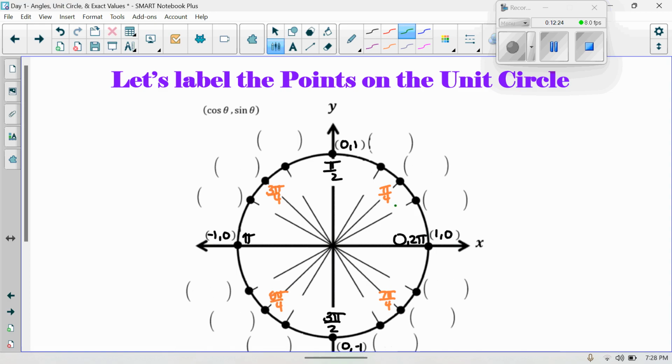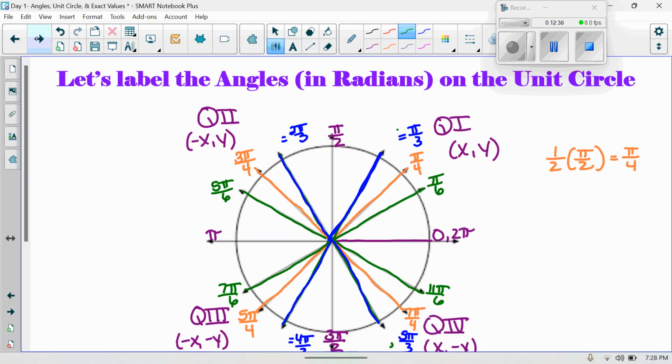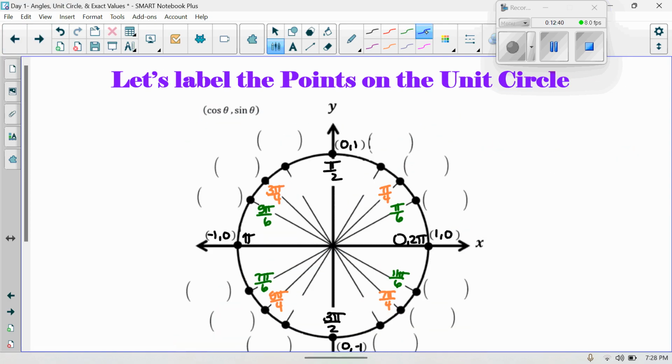So we had pi over 6, 5 pi over 6, 7 pi over 6, and 11 pi over 6. And then my other one was blue. So I had pi over 3, 2 pi over 3, 4 pi over 3, and 5 pi over 3.